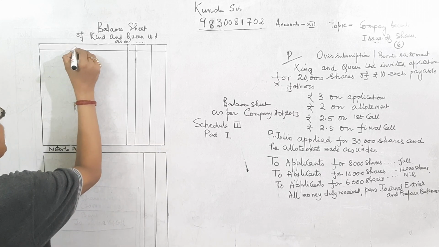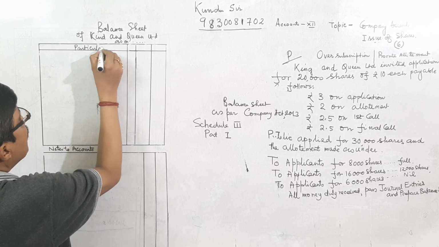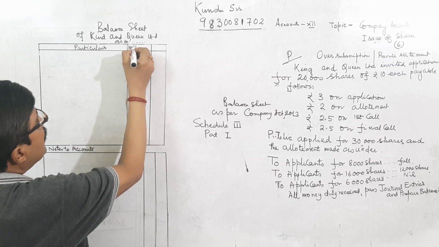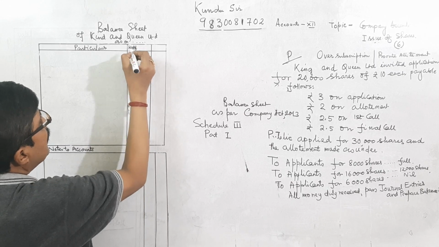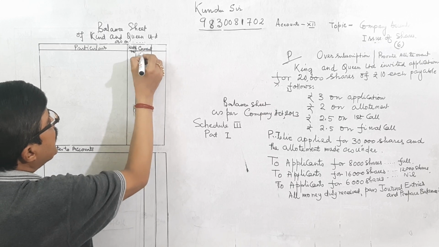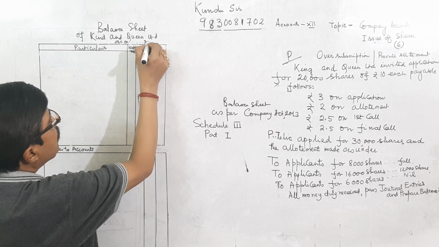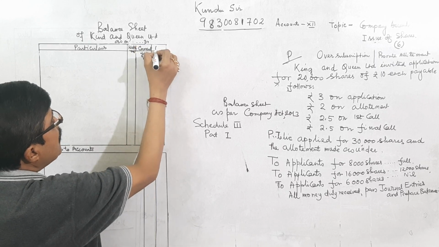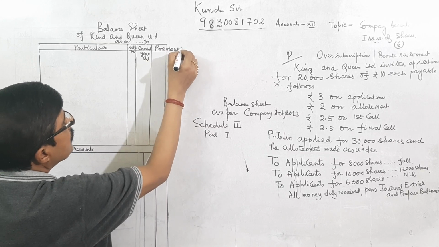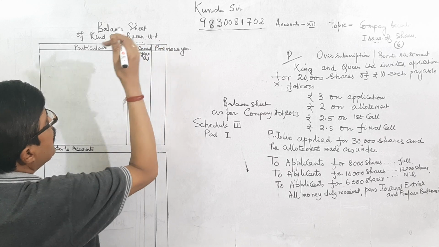Now particulars, then note number, then current year, rupees, previous year, then rupees.